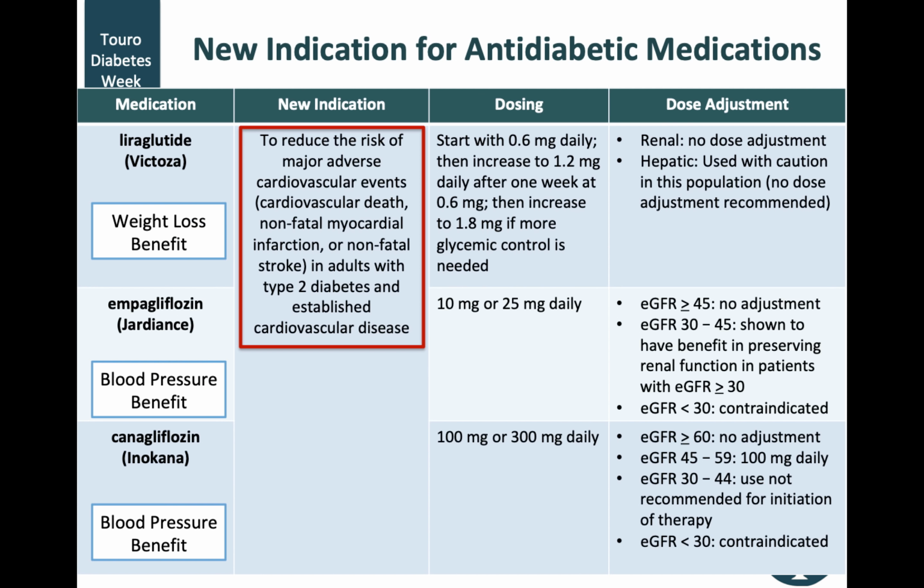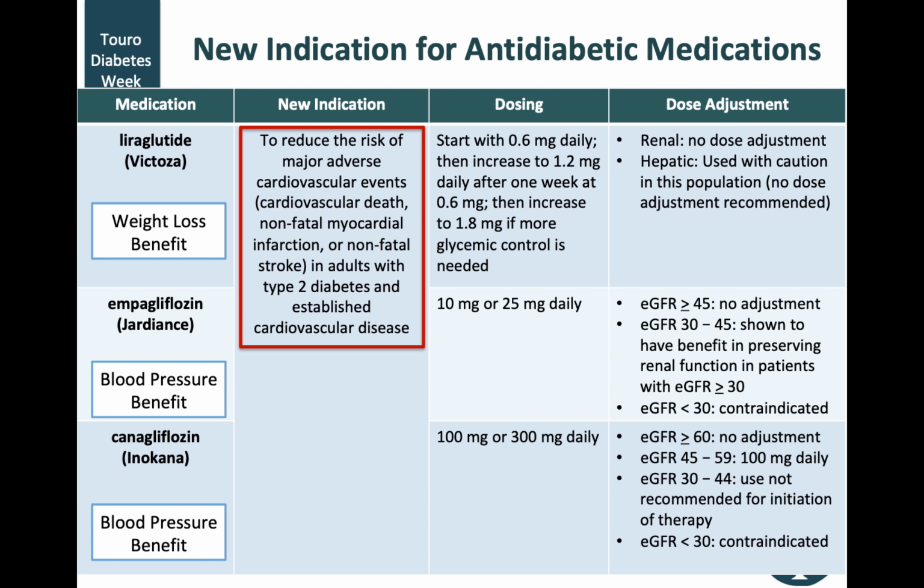This slide summarizes the 3 agents that have gained a new FDA-approved indication to reduce the risk of major adverse cardiovascular events in adults with type 2 diabetes and established cardiovascular disease. And so the major adverse cardiovascular events are cardiovascular death, non-fatal myocardial infarction, and non-fatal stroke.